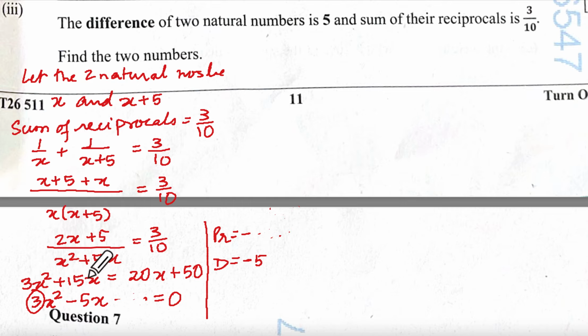So 3x squared plus this will be minus 5x and minus 50. Okay, so the product is 3 into 50 and the difference is 5. So here we have 5 into 10 and here it will be 5 into 2.